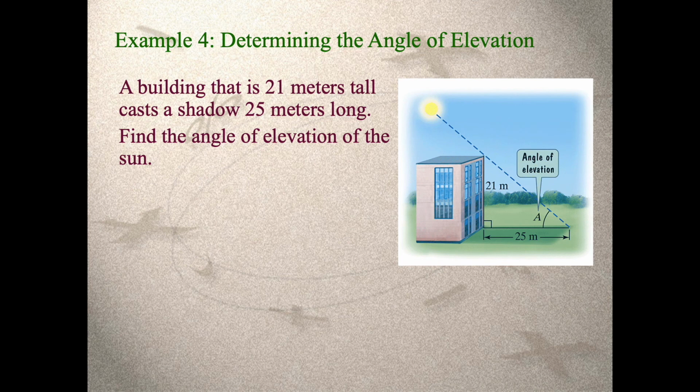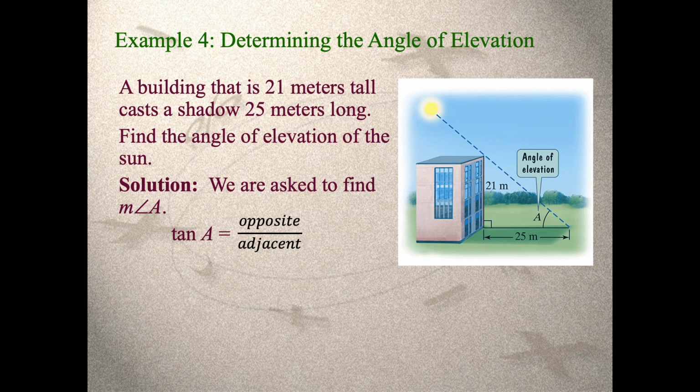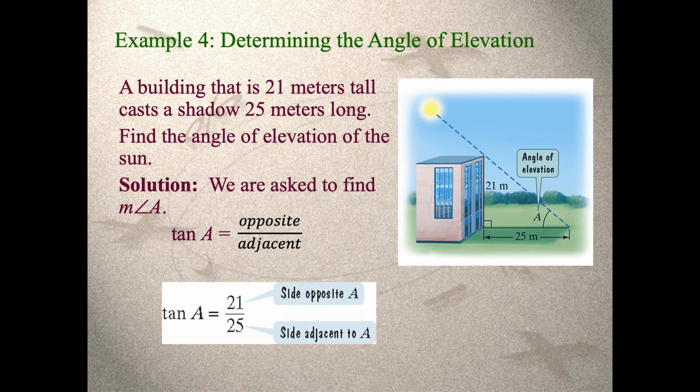But using our tangent function, we're asked to find the measure of angle A. So tangent of A equals opposite over adjacent. So this time we know the opposite, which is 21, and the adjacent, 25, but we do not know angle A. So fill in what you know, the side opposite over the side adjacent, 21 over 25.